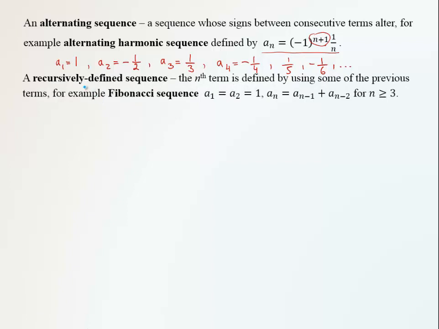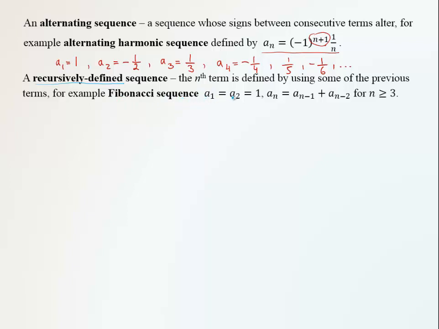The other interesting types of sequences are recursively defined sequences. What are they? Well, maybe we can't really give the nth term explicitly like we did before, but the nth term is defined through the previous terms. For example, a Fibonacci sequence.